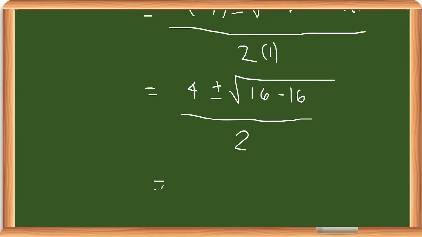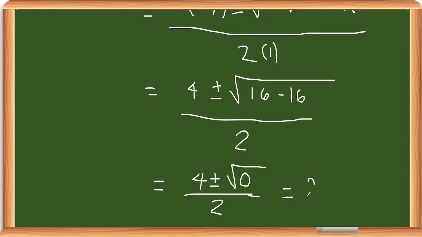Okay? So the answer therefore is 4 plus and minus the square root of 16 minus 16 is 0. Okay? All over 2. So ito, hindi mo na kailangang pansinin to kasi 0 naman na siya. Square root ng 0 is of course 0. So ang matitira na lang 4 over 2 which is 2.